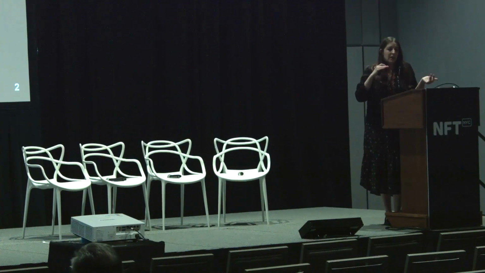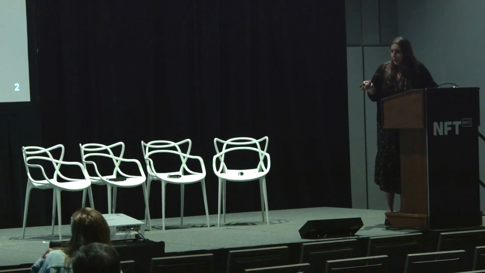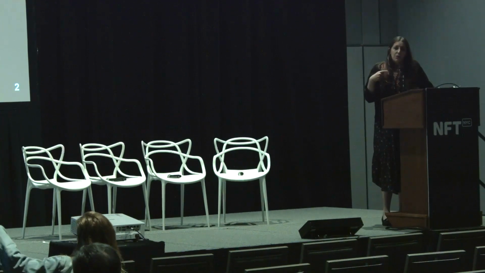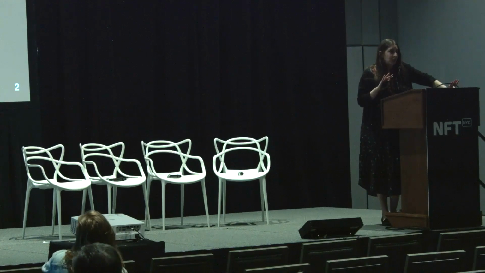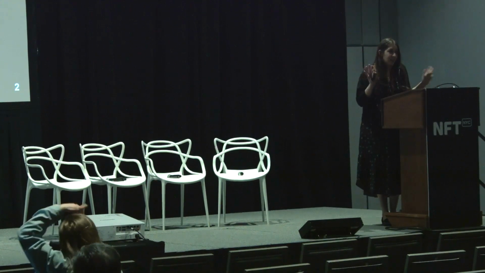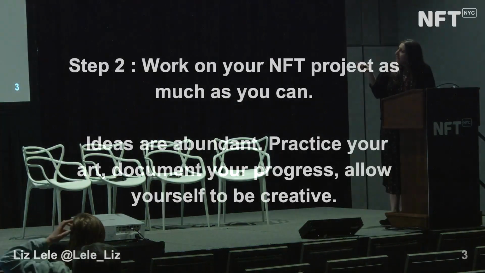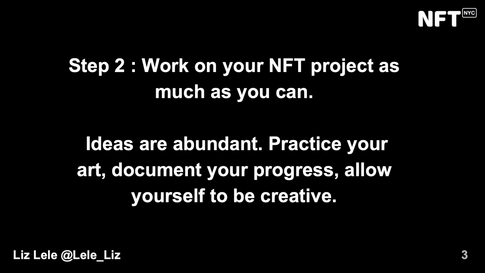Either you can sell the physical piece connected to the NFT, or you can have it separated. This could be an extra stream of income if you think about it that way. Photography, you could use your phone or a camera. You could do NFTs from basic to advanced. It's really amazing.